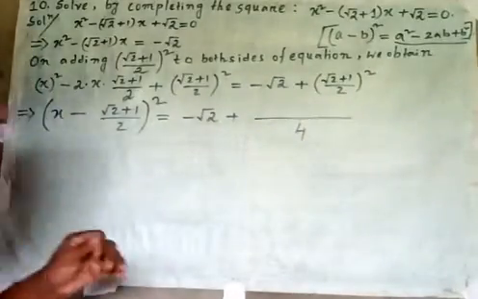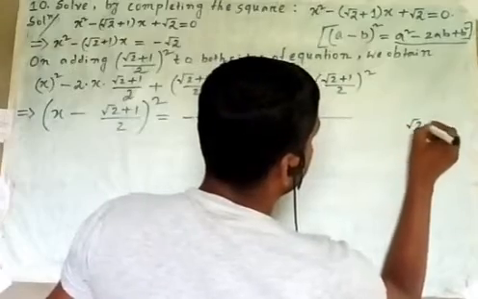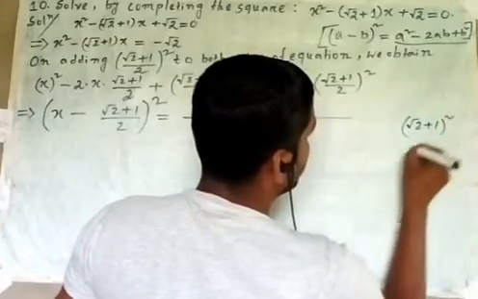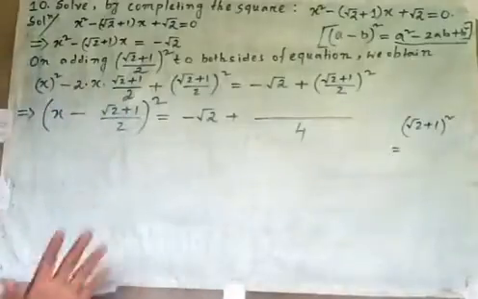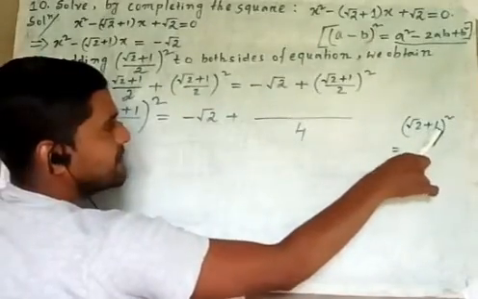(√2 + 1) whole square equals, we have to apply the formula (a + b) whole square.